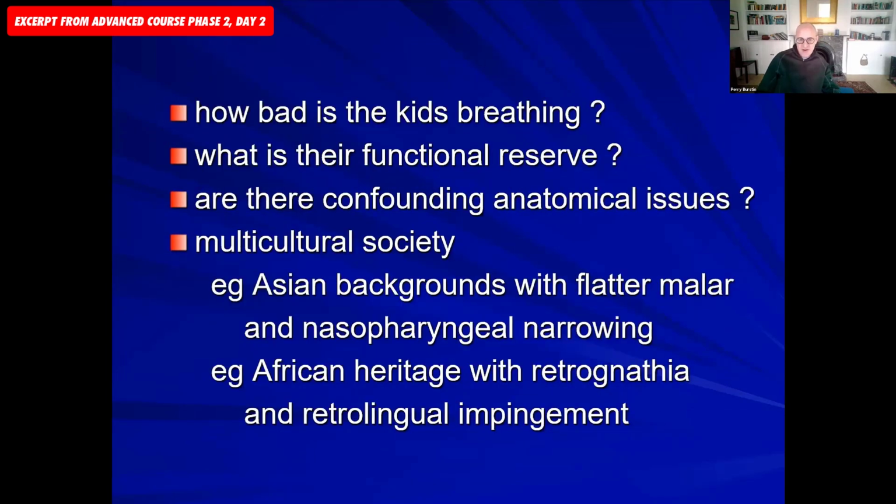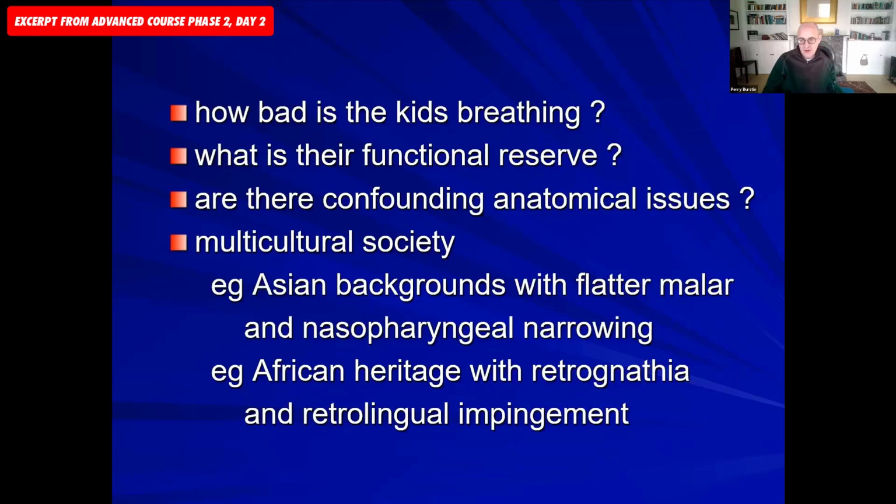So the assessment I think you need to work out, from my perspective, is how bad is this kid's breathing? What's their functional reserve? Are there confounding anatomical or developmental issues? And I think we also need to take into account that we live in a very multicultural society now, and we're seeing patients of lots of different demographics.